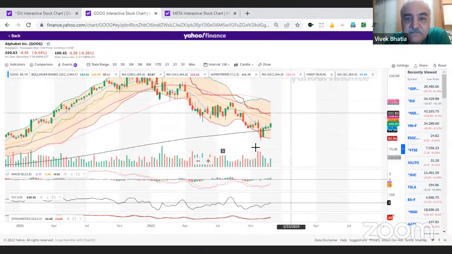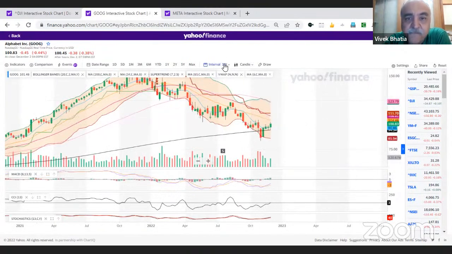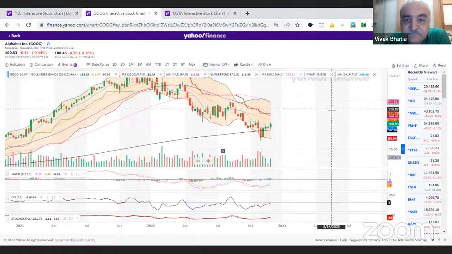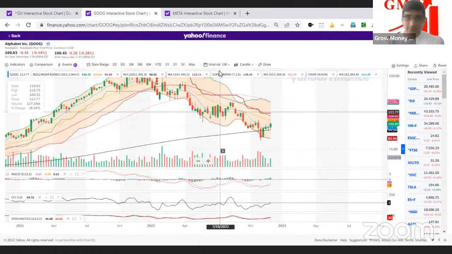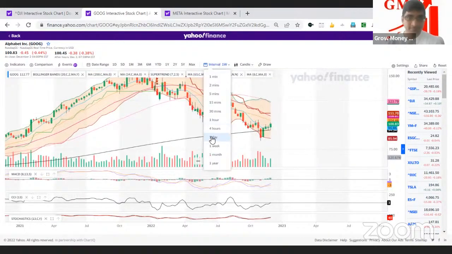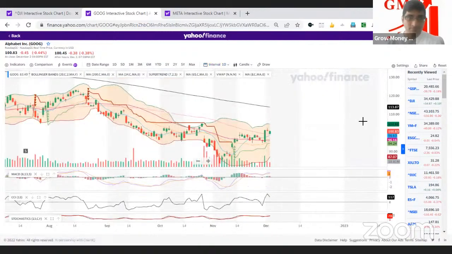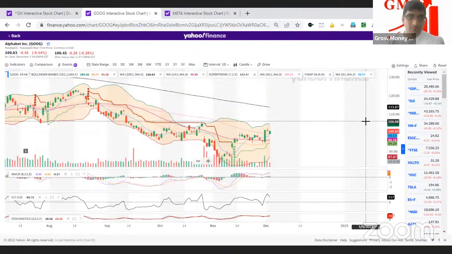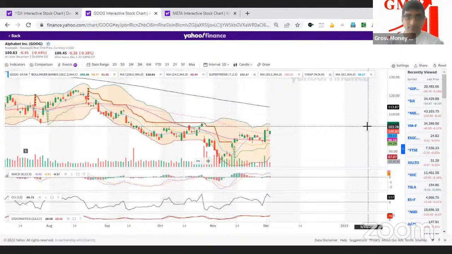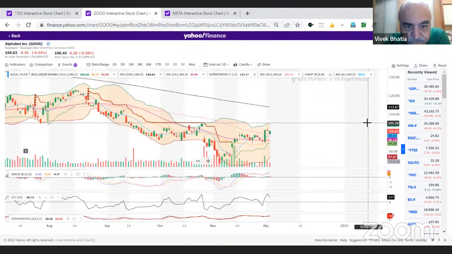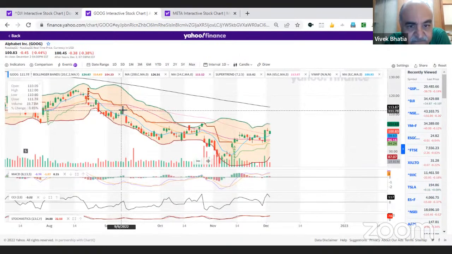Almost similar. Weekly chart is almost similar. Even daily looks similar. $103, 105.5, and then this gap to get filled in. 111 or 112.